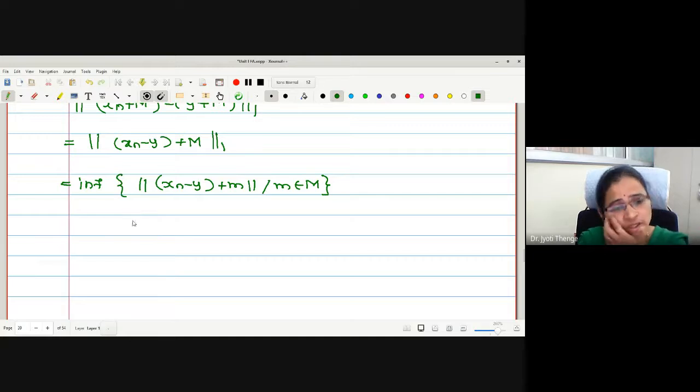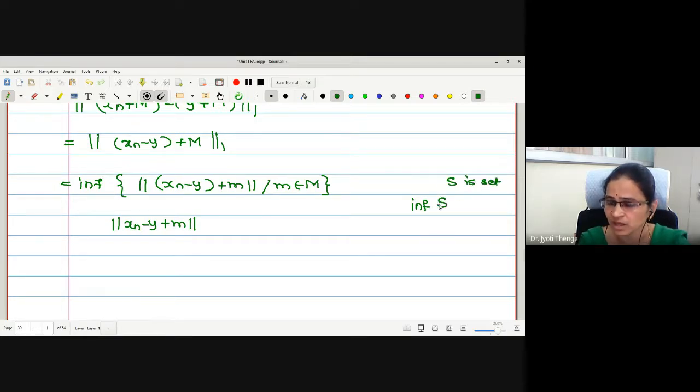Now, I want the relation between the infimum of all the elements and an arbitrary element. This is an arbitrary element of this set, no? Plus m1, plus m2, all these elements. And this is the infimum. What is the relation, S being the set?